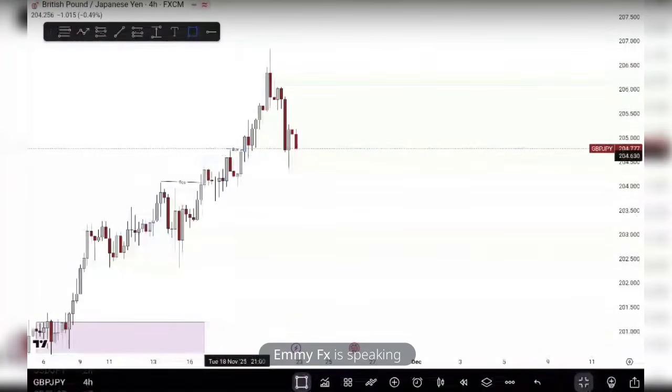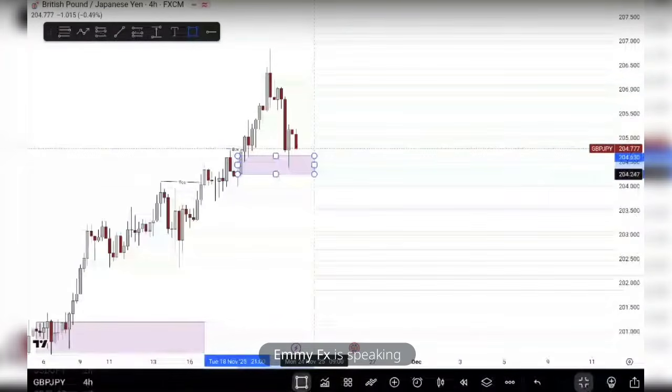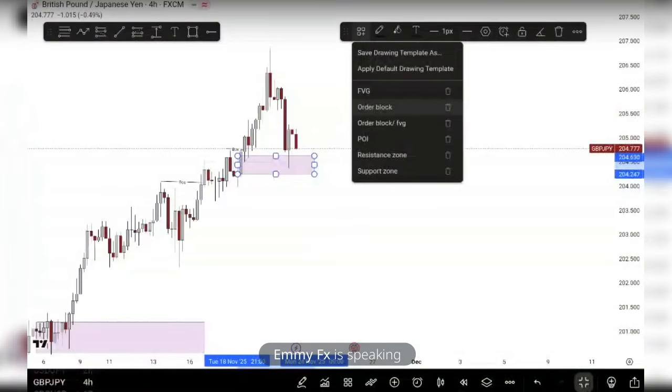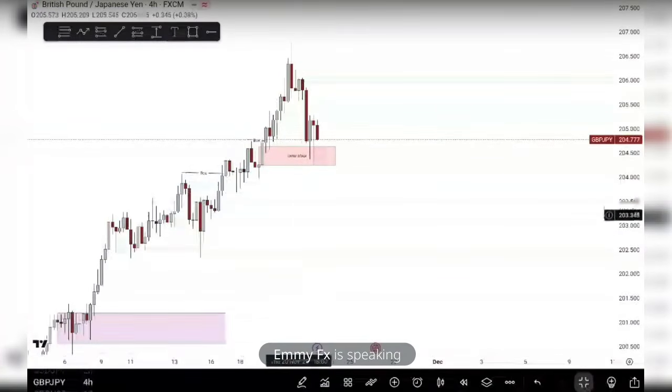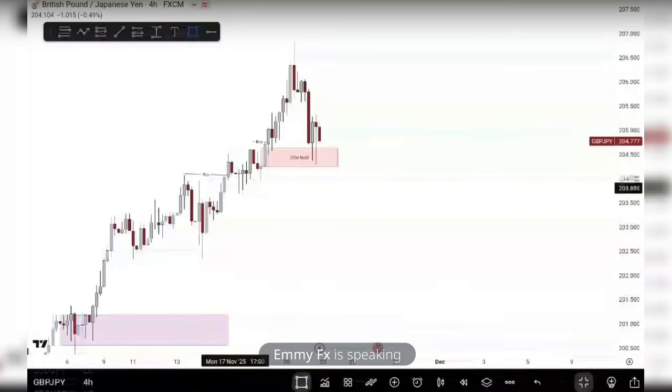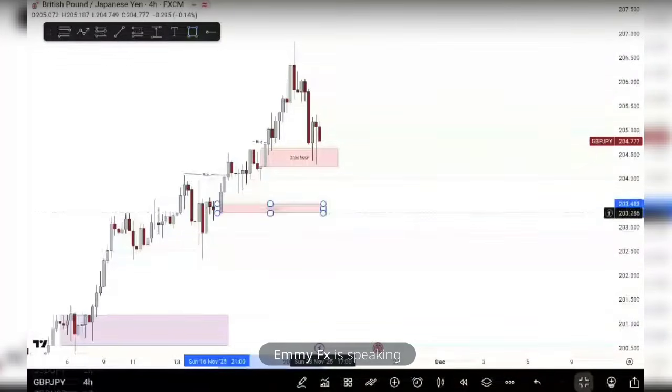Price is kind of reacting from this order block, which is here, and we also have this other block here.